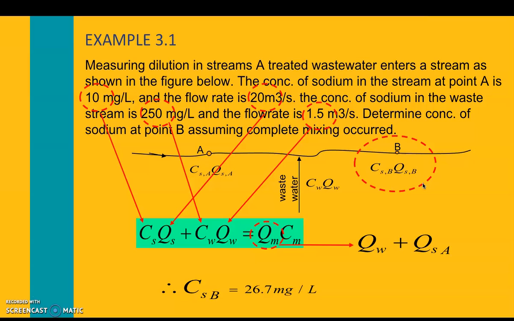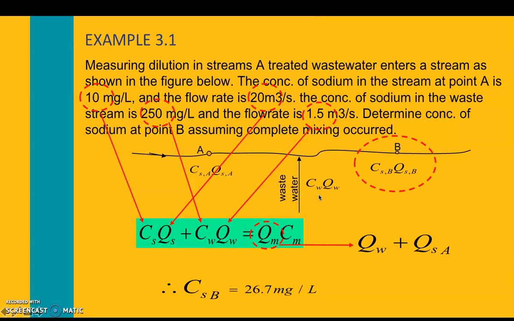So if we use equation 3.1 again, you just insert the values into the equation. QM is the flow rate of the mixture. From your mass balance knowledge, it is the sum of the flow rate in stream A plus the flow rate in the wastewater discharge stream.